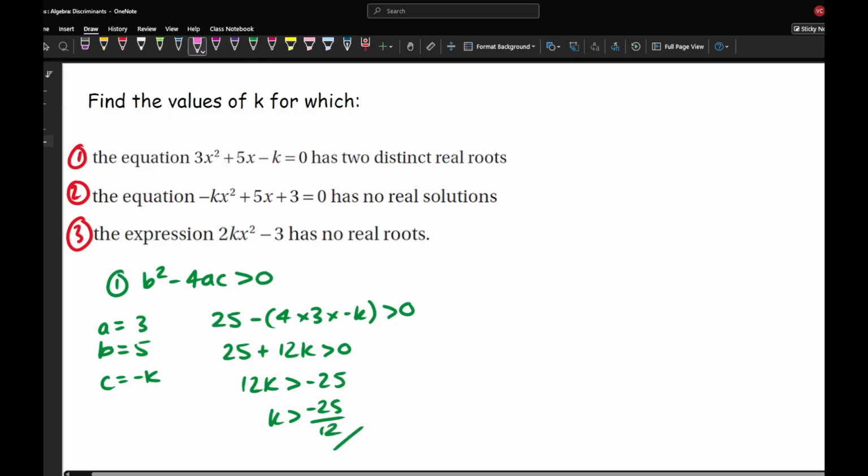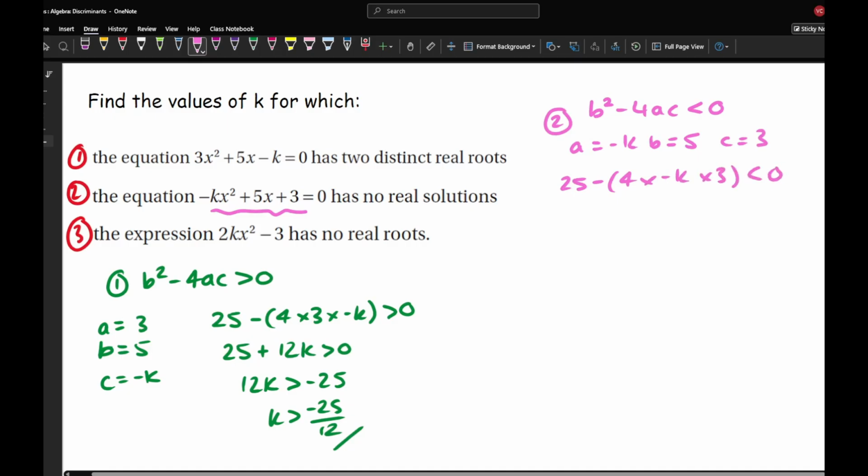For number 2, we know it's got no solutions. So b squared minus 4ac is going to be less than 0. My a value is minus k, my b value is 5, and my c value is 3. So substituting those in, I get 25 minus 4 times minus k times 3 is less than 0.